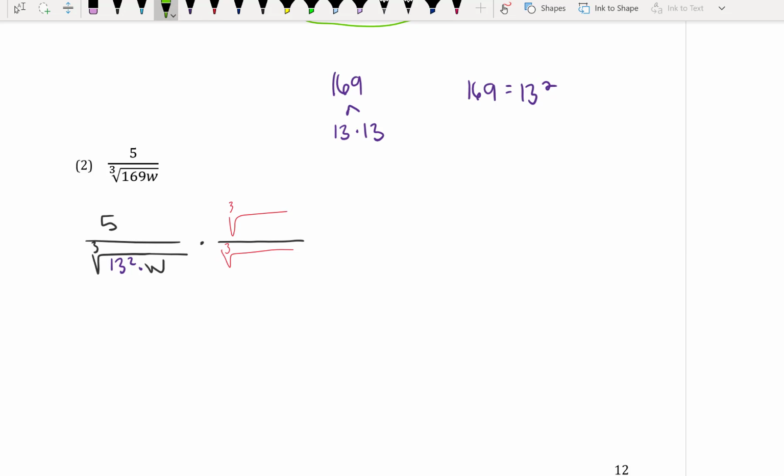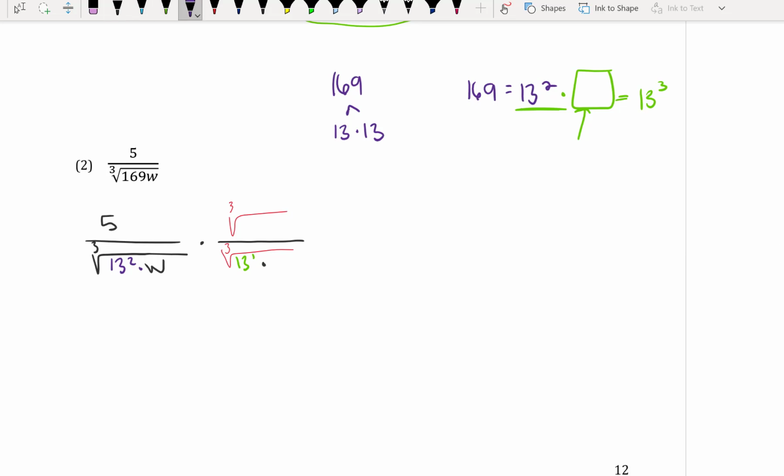If I have 13 squared and I want to get to 13 to the third power, how many more 13s do I need to multiply by? I need one more, so a 13 to the 1.